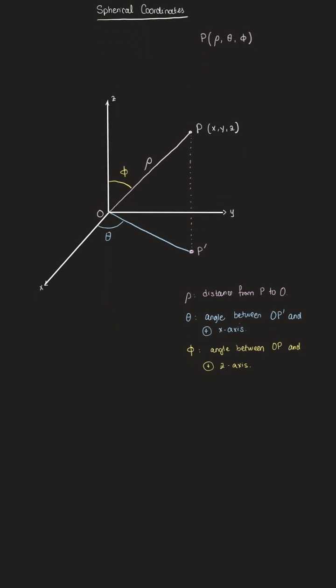Now, we want to be able to convert between our rectangular coordinate system and spherical coordinates. So for converting, we're going to try to derive some relationships that exist here in the diagram that we just made. So you might remember that the distance from O to P prime, the projection, in cylindrical coordinates and polar coordinates, we describe that as our length r.